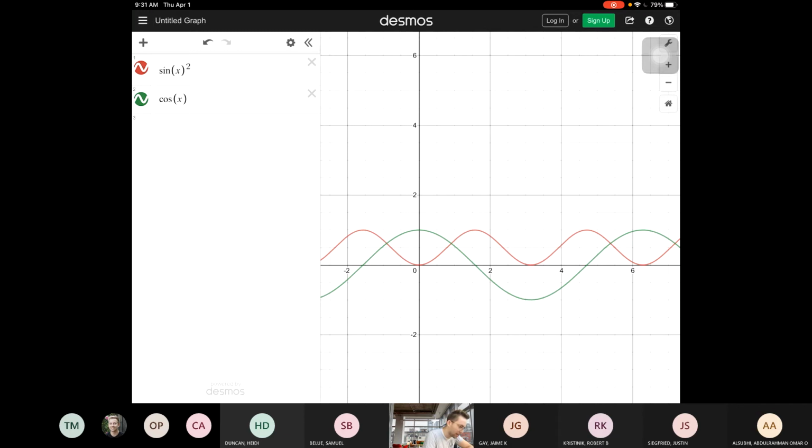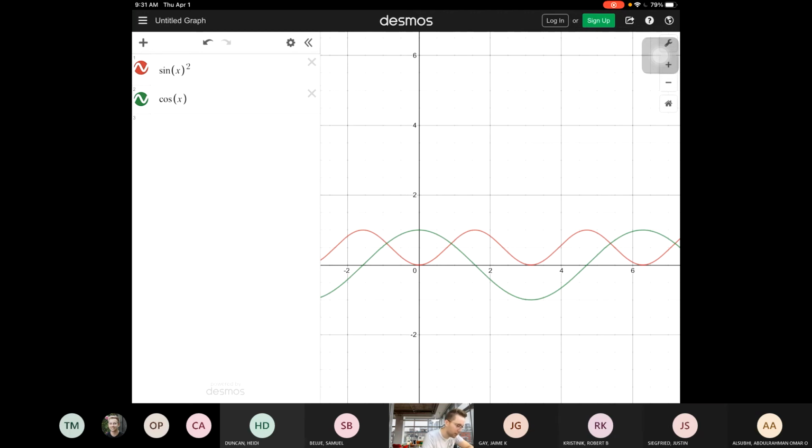This is just going to basically have zeros anywhere that the sine function had zeros, because we take 0 and we square it. But instead, where it would have crossed beneath the x-axis, we actually have this bouncing behavior, which is just really, really annoying.